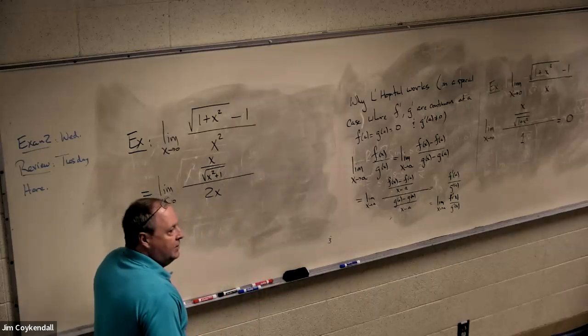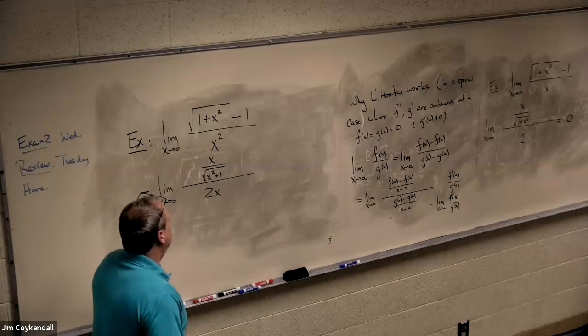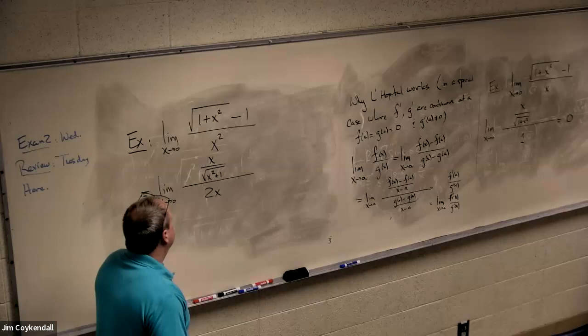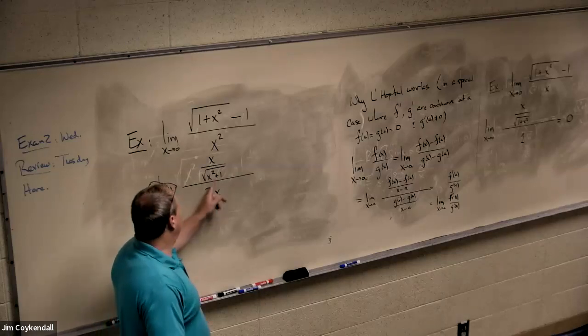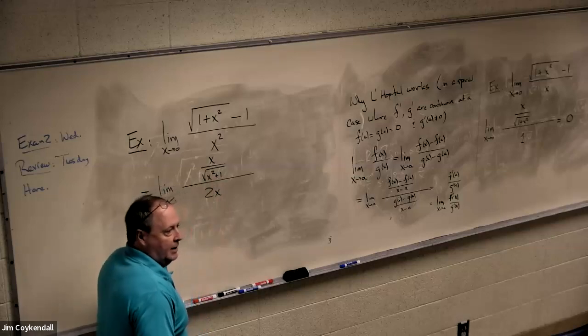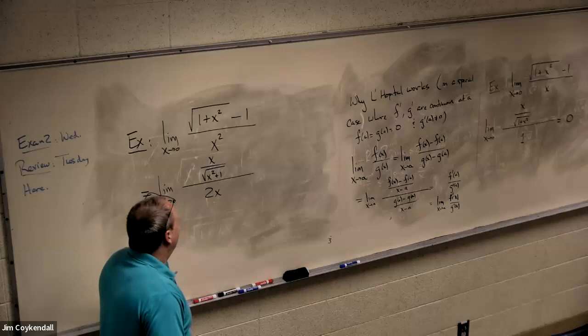Now, let me give you a little help with this. I'm going to do a couple other problems here. You use L'Hopital's rule again, right? Because you get 0 on the bottom, 0 on the top. Anybody see something?